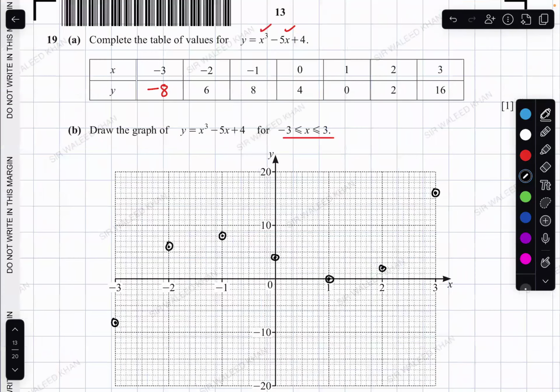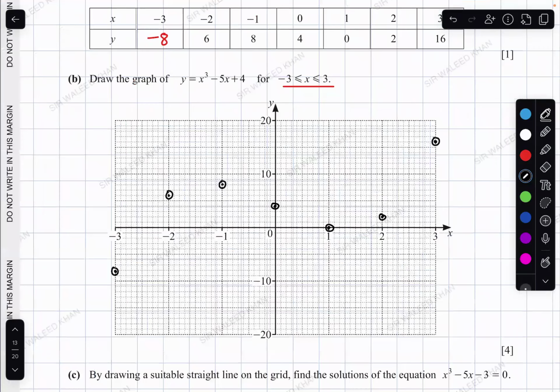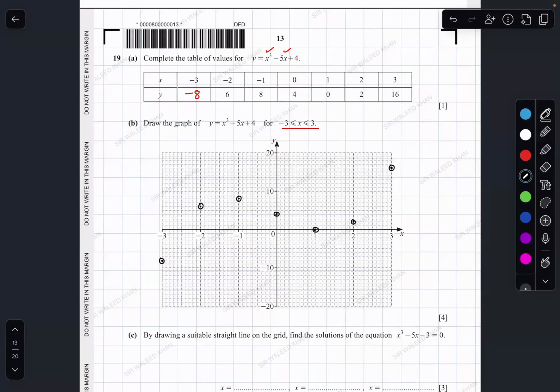Always check your graph. If it's a cubic graph, you should be getting a wave like this. Kuch waves banta hota hai, right? The wave can be like this, like this. So if it's like a wave, well and good. If it's not like a wave, then recheck your points. Jahan pe aapko issue nazar aa raha hai, try to check that. Okay?